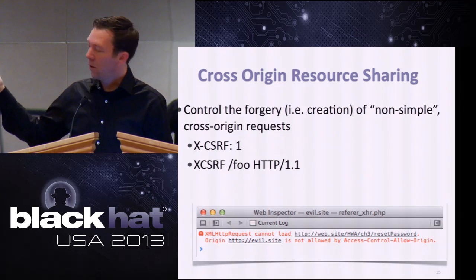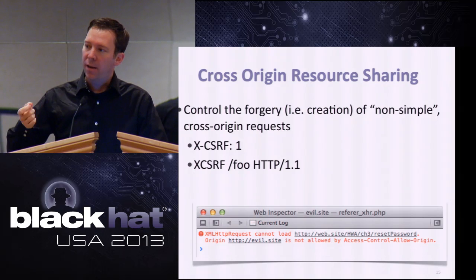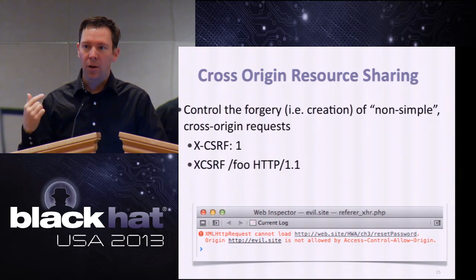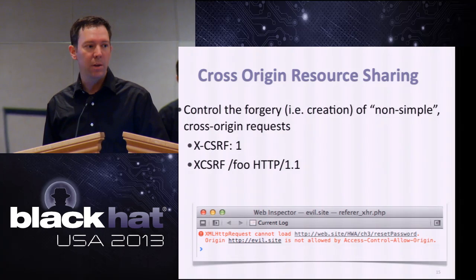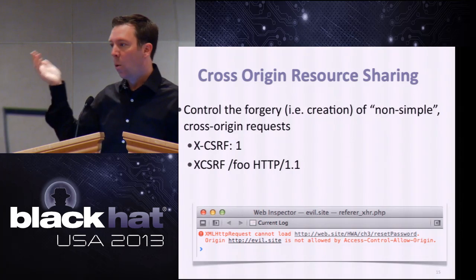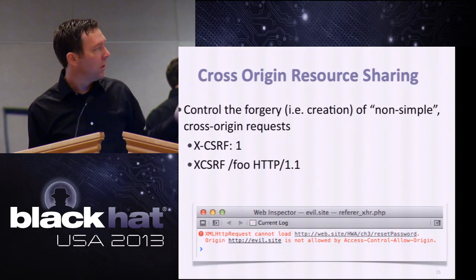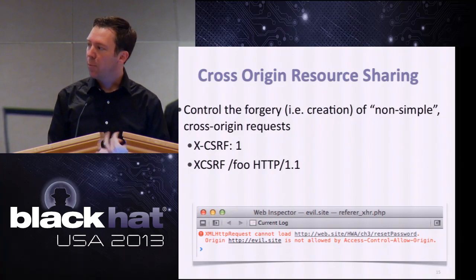On the other hand, CORS says here's a way to share content, but an outcome of that is also that if you have a non-simple request, and in this case a non-simple request means you've added a custom header, something like x-CSRF, or you're using a custom verb, then the browser is going to make a pre-flight request.